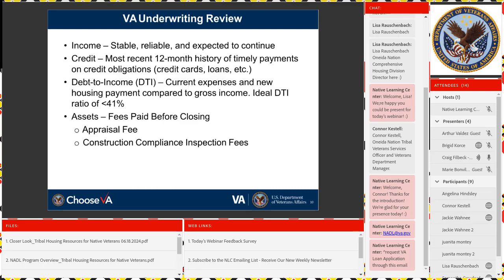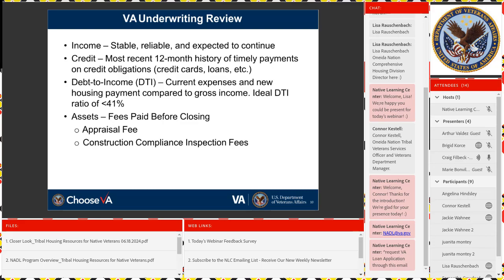So in this instance, if a veteran's making $10,000 a month, then we wouldn't want all their combined debts to exceed $4,100 per month. And sometimes we go as high as 50% DTI, but we try to get around 41% as our goal.